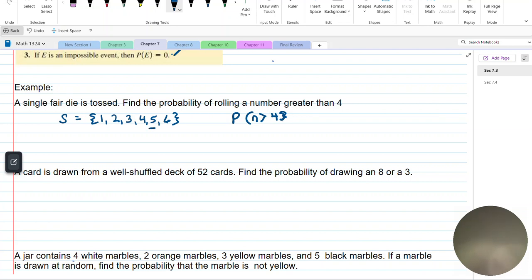Well, greater than 4 is only the 5 and the 6. So the event is the set of 5 and 6, which has cardinality 2. So it's 2 out of 6, or the probability is 1/3.